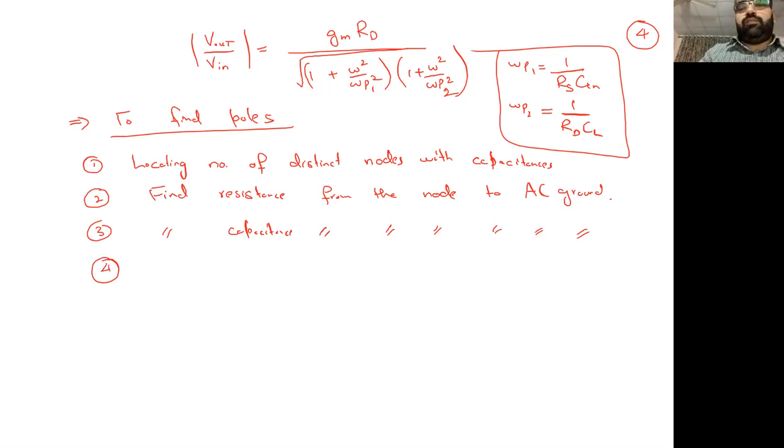Fourth, the product of R and C, and take its inverse. Okay. So in this way, we can find the overall pole for any system.